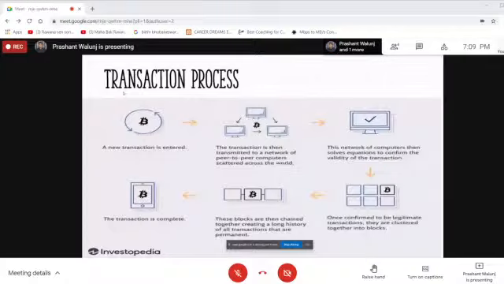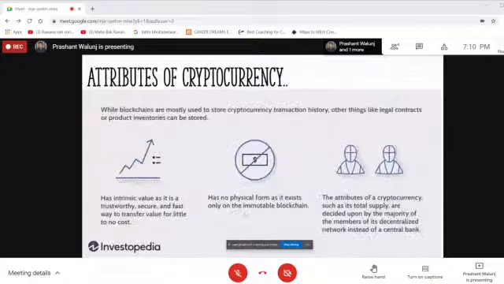We are seeing here in this first graph that it has intrinsic value, as it is a trustworthy, secure, and fast way to transfer value at no cost. And you can see in another one that it has no physical form, as it exists only on the immutable blockchain. So the blockchain has no physical form; it is just an immutable form.